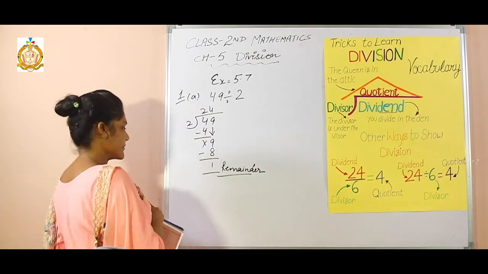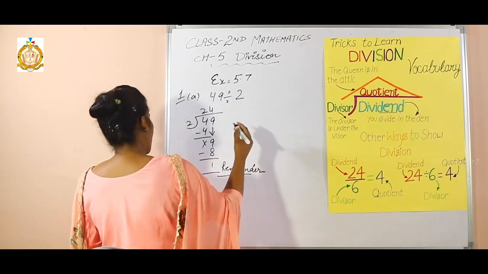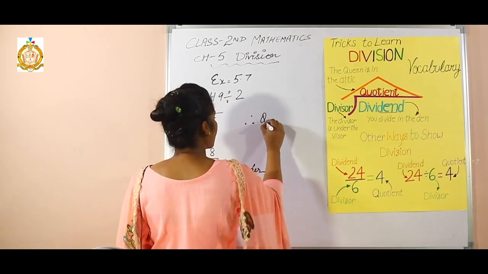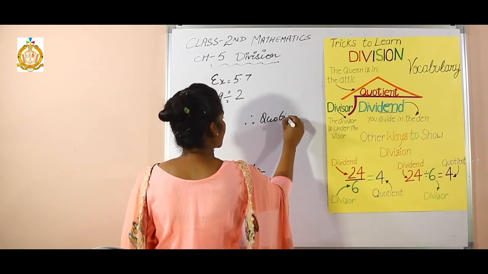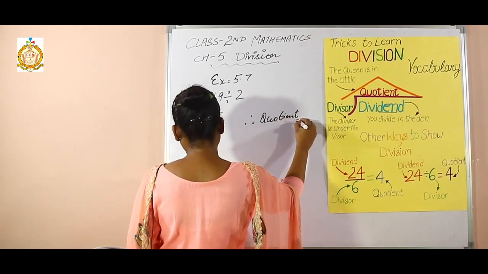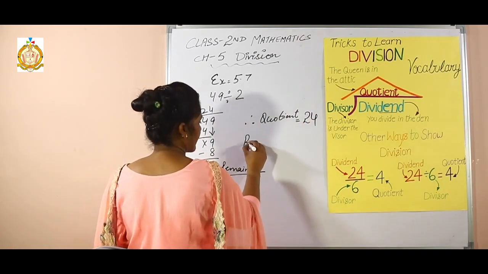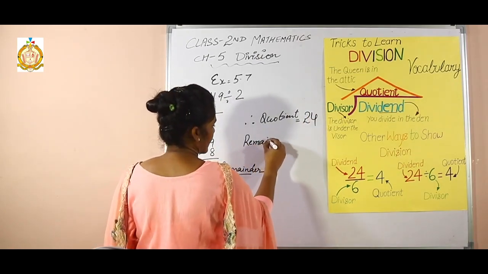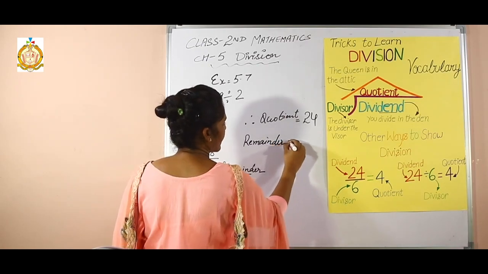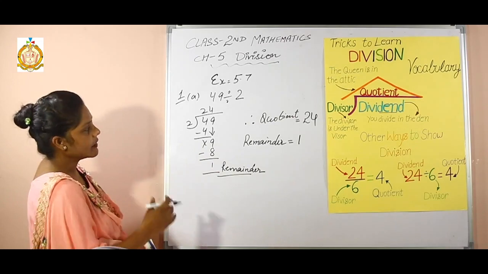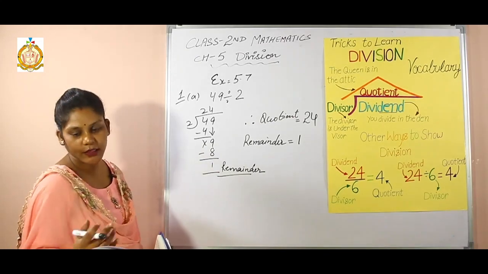Clear, students? Like this way you should write here: quotient equal to 24 and remainder equal to 1. Clear, everyone? Same like this way you should write the full exercise.